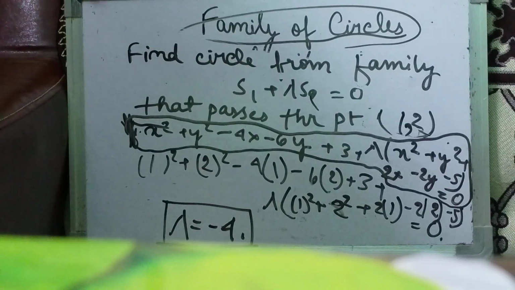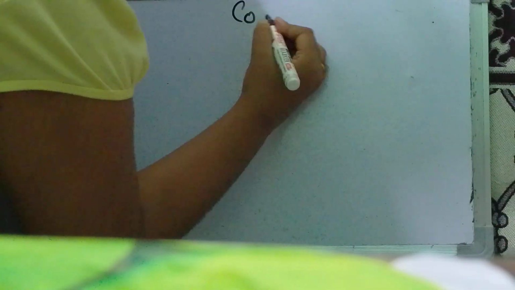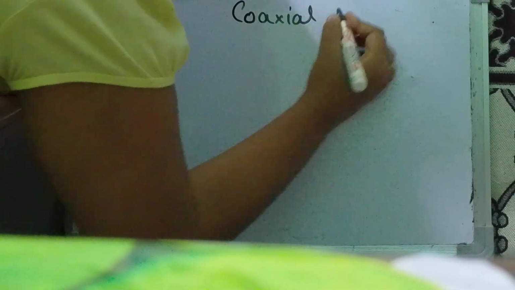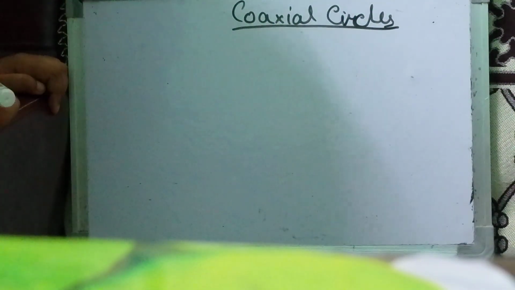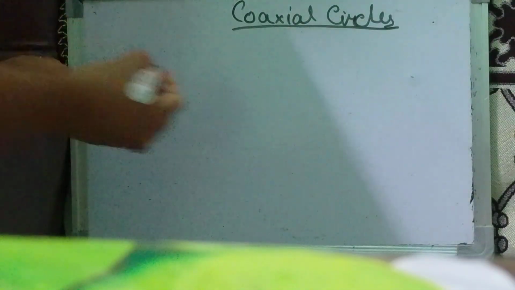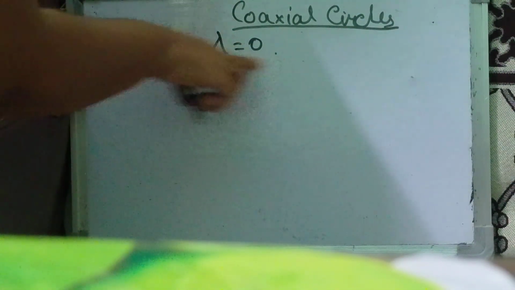Now we need to find the coaxial circles. In coaxial circles, the value of lambda is equal to 0.